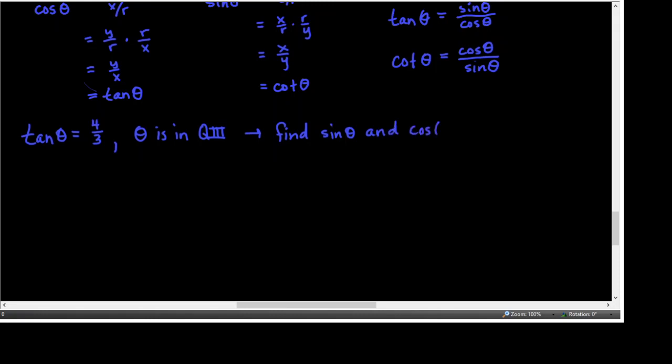Okay, so what can we do for this? Well, I'm going to try to use some of the identities we just learned. It would be a fallacy to say, let's let tangent theta be sine theta over cosine theta and set that equal to 4/3 and then jump to the conclusion that sine of theta is 4 and cosine of theta is 3.